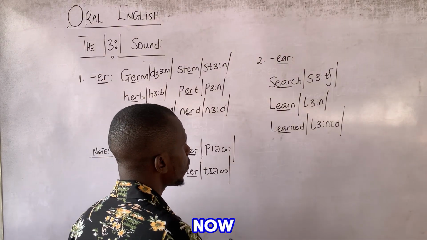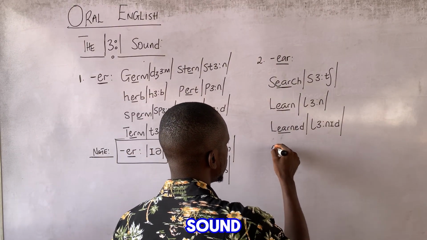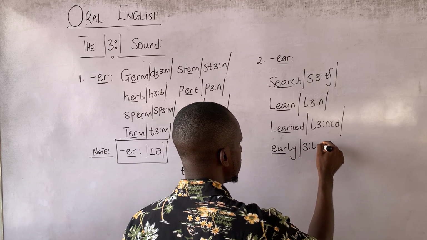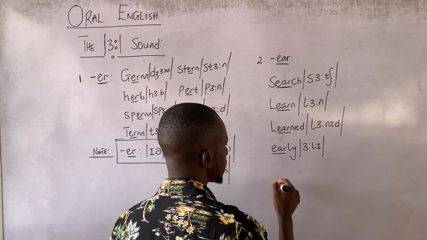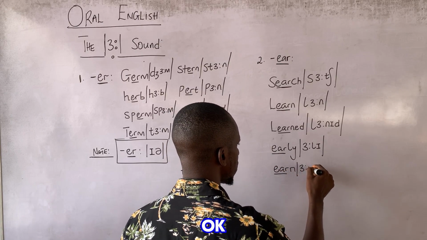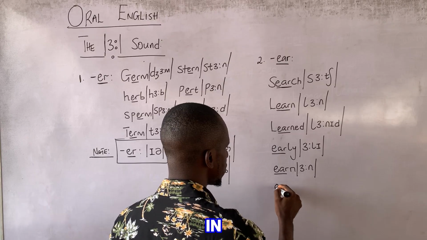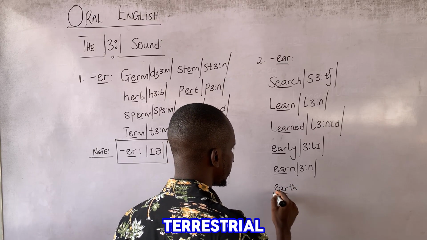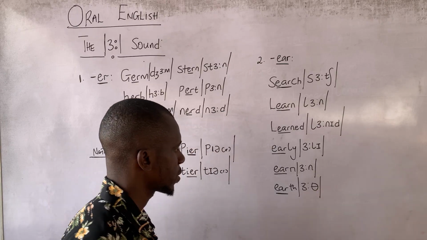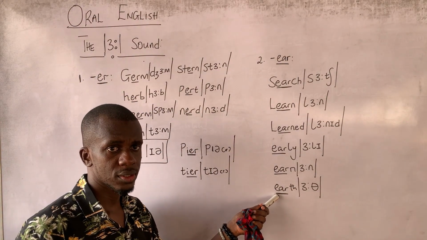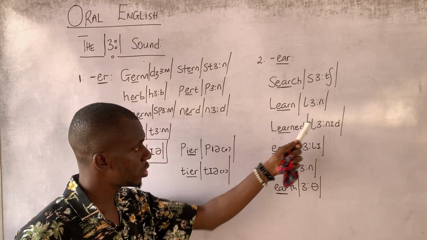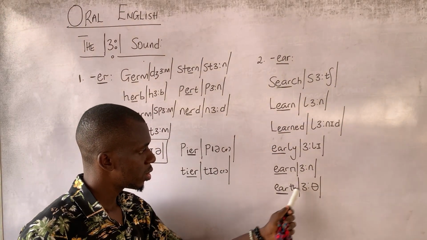Excellent. Now we also find this sound in words like early. We find this sound in words like earn. We find it in a word like our very own terrestrial ball called the earth. So search, learn, learning, early, earn, earth.